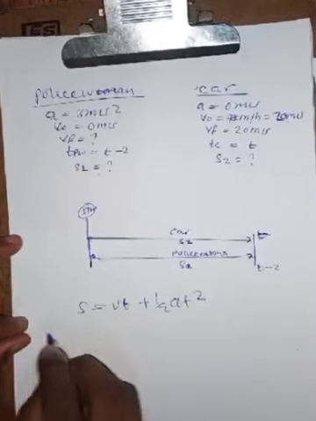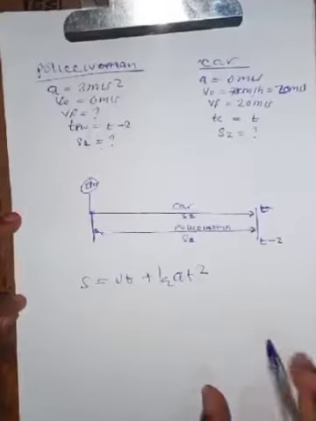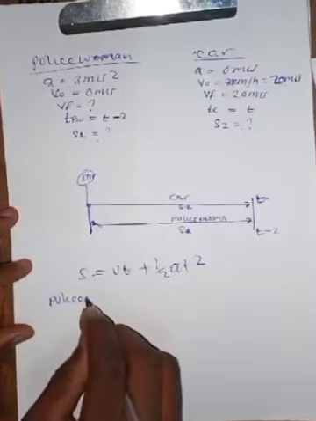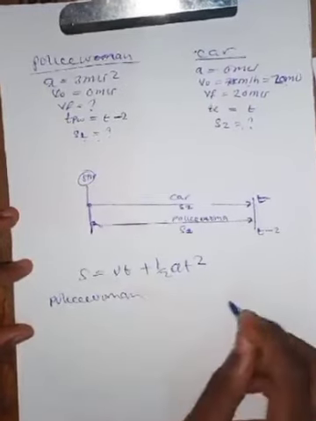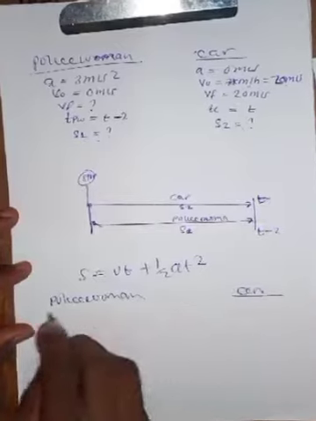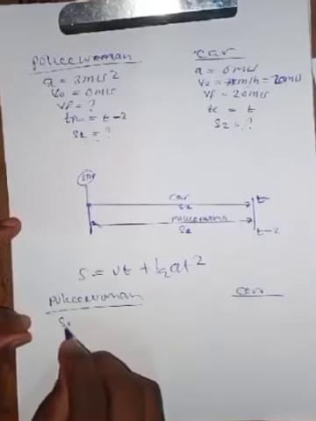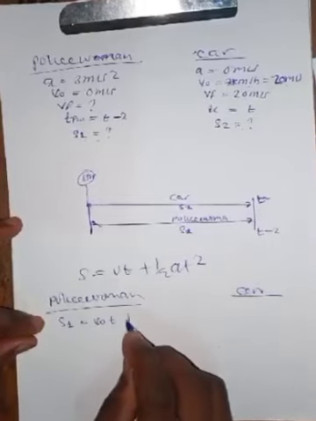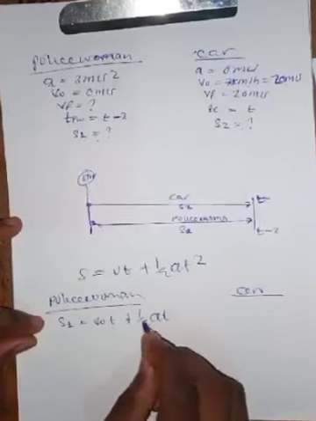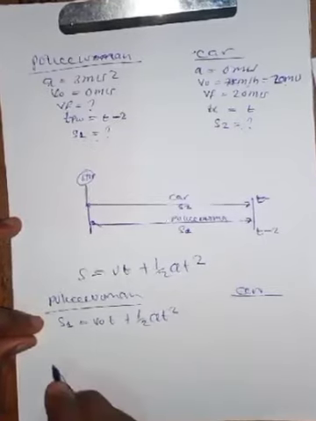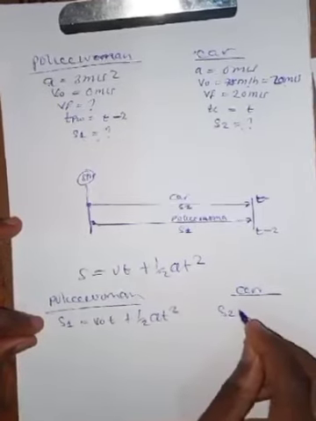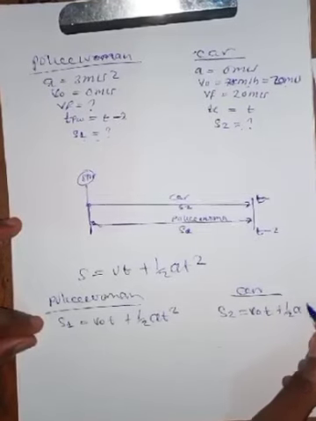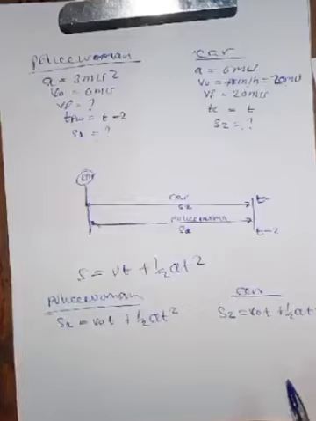Okay, so as usual, we are going to have two things. We are going to have the policewoman and the car. So S1 for the policewoman is equal to initial velocity times time plus 1 over 2 acceleration times time squared. Then here also you have S2 equals initial velocity times time plus 1 over 2 a t squared.